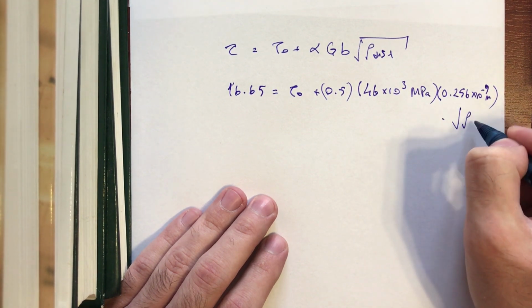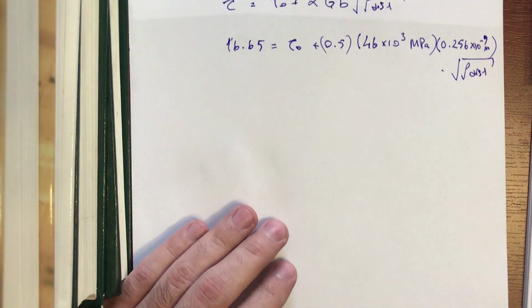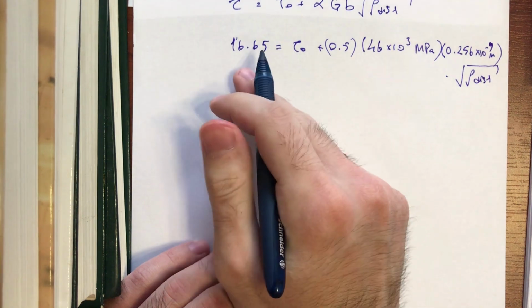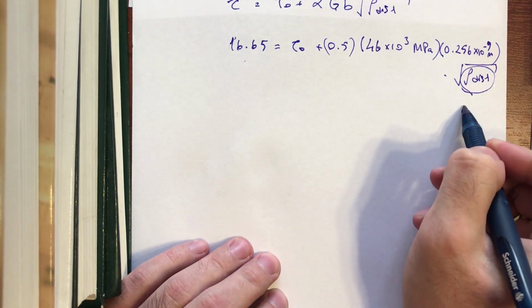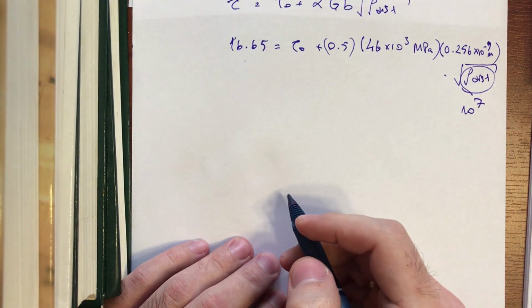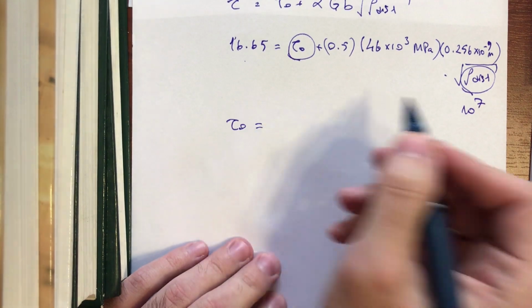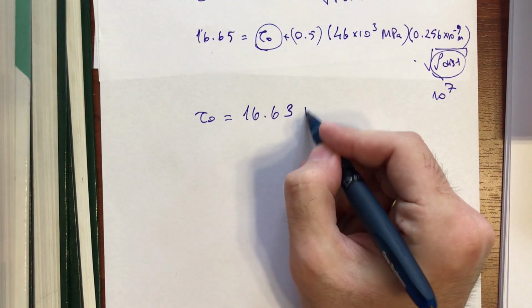And square root rho dislocation. And from here, since at the annealed condition we know the rho dislocation to be 10 to the power 7, we can find tau 0 as 16.63 megapascals.